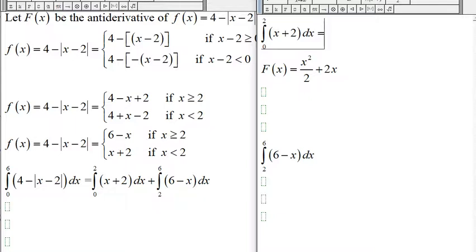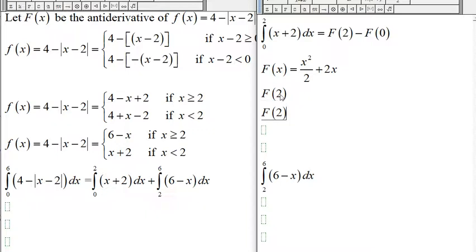By the fundamental theorem of calculus, this is the antiderivative at 2 minus the antiderivative at 0.